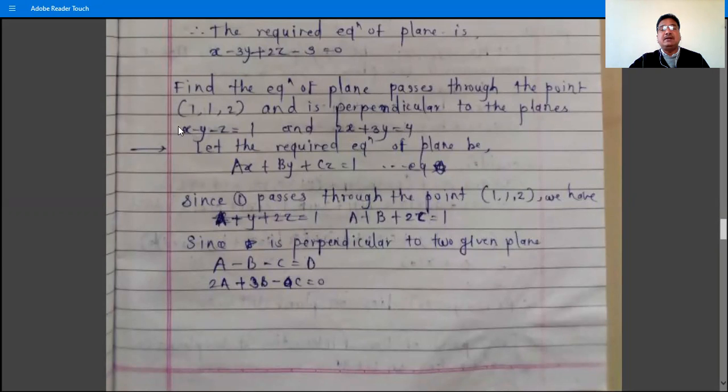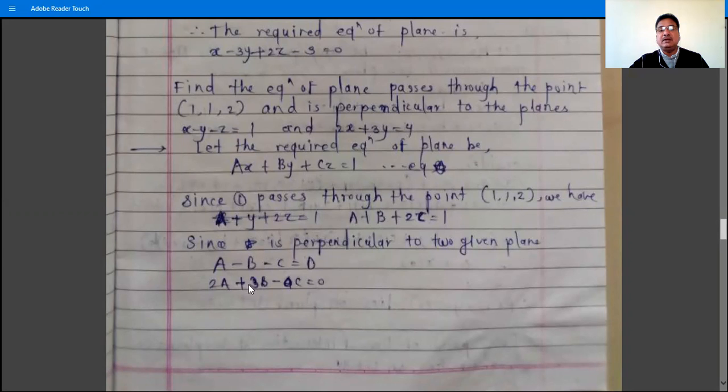So a into 1 is a, b into minus 1 is minus b, and c into minus 1 is minus c, equals 0. And we have another equation: 2 into a plus 3 into b plus 0 into c equals 0. Suppose these are equations 2 and 3.